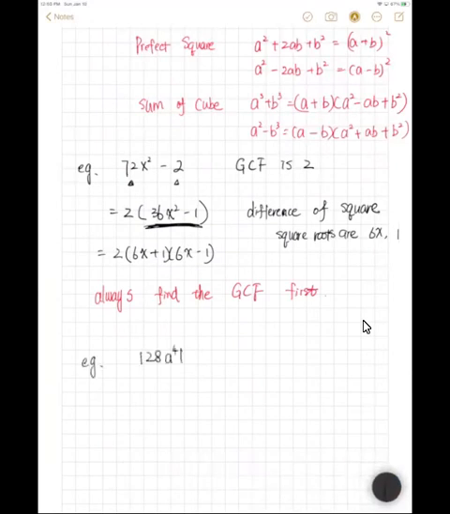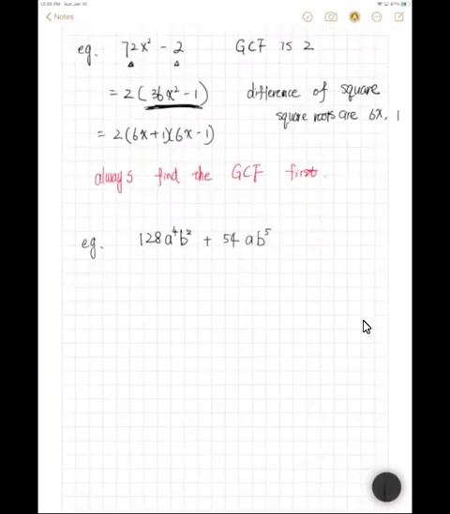128 a to the fourth b to the second power plus 54 a times b to the fifth. What's the common factor? Well, we already learned how to use common factor last week. So the greatest common factor in this equation is 2ab squared. So I factor the 2ab squared out, and I have 64a cubed plus 27b cubed. Okay, when you see the cube, what will you use?